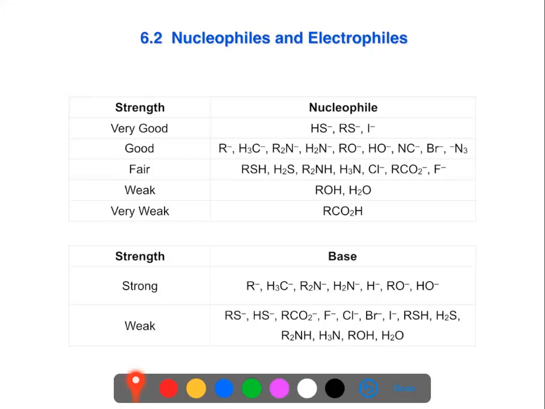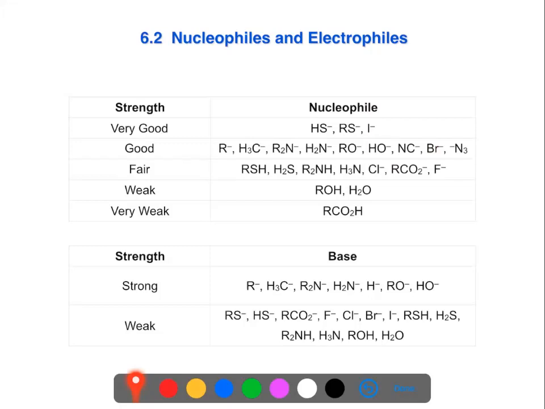Below that, in the second entry, we're now back to the second row, primarily, bromide being the exception, but we have our carbon, nitrogen and oxygen-centered anions, and these species are good nucleophiles, but they're also good bases, as we'll see in the slide below.